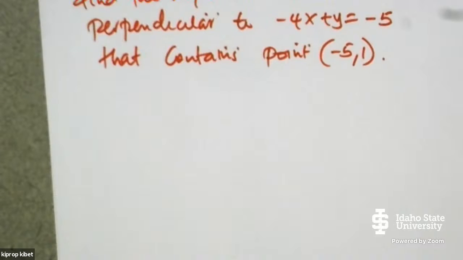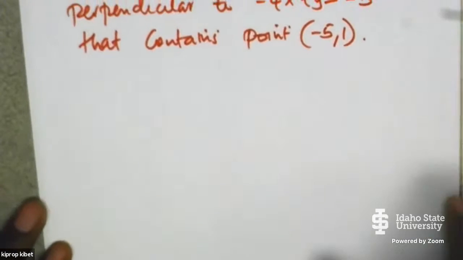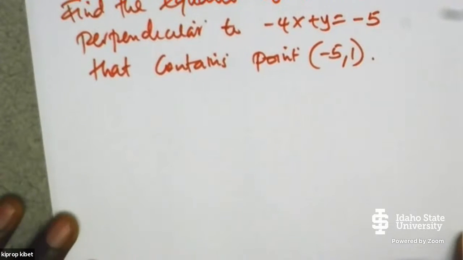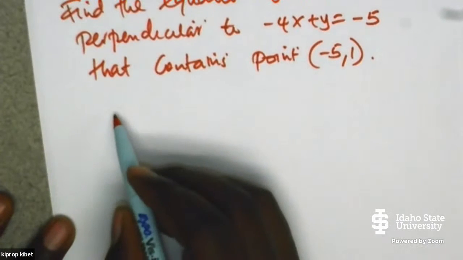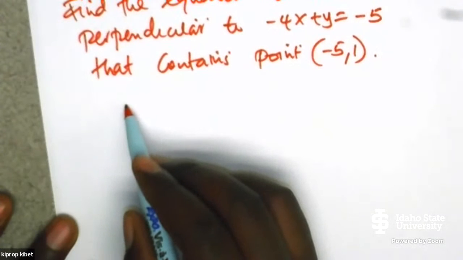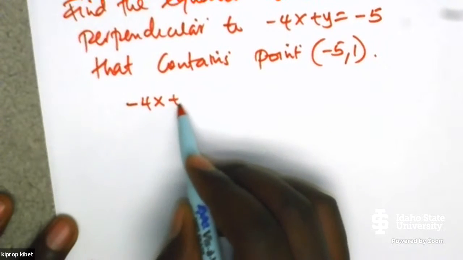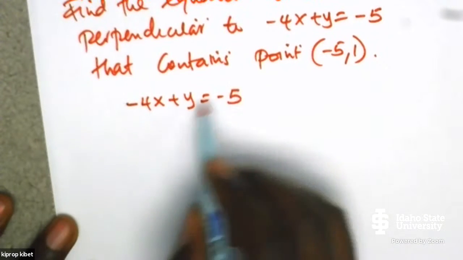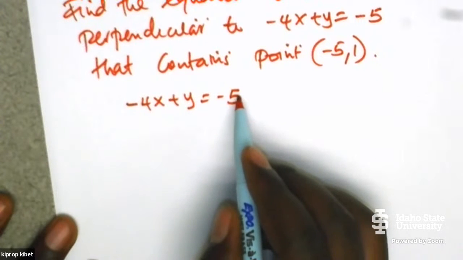So how will you solve that? First of all, you need to transform the equation into the formula of the equation of the line, -4x plus y equals -5. So you need to take the -4x to the other side.